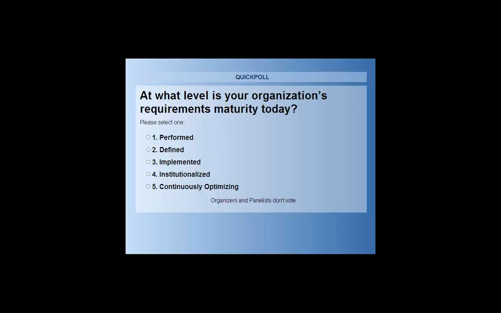Implemented is you've got stability across your organization. You've invested heavily in rolling this out, and you've got consistency. That's the key word, consistency. As you go from there to institutionalized, you're really making this part of the fabric of your organization.